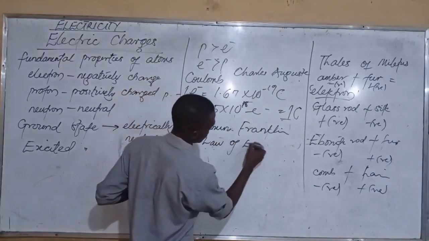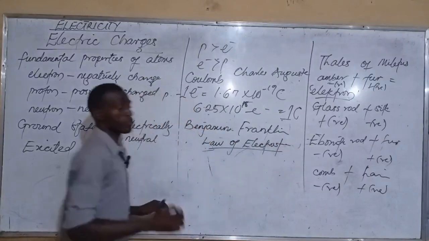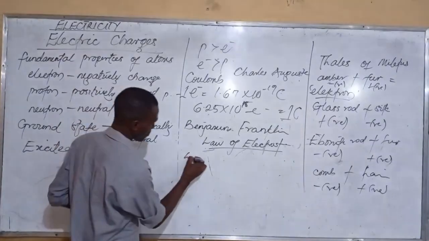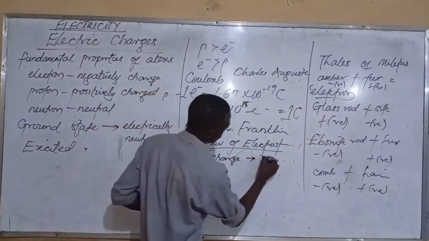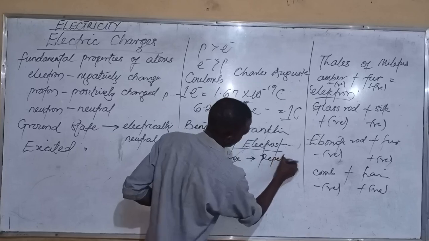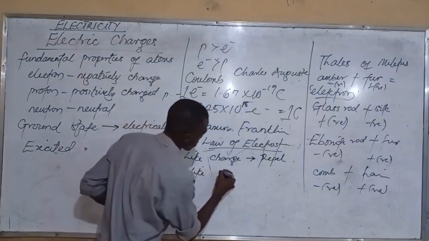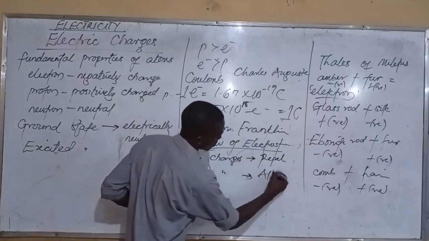The law of electrostatics. What does this state? The law of electrostatics says that when the charges are alike, we call them like charges, they will repel. And when the charges are unlike, they will attract.